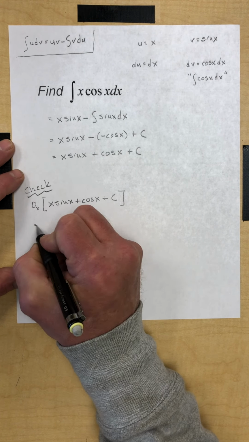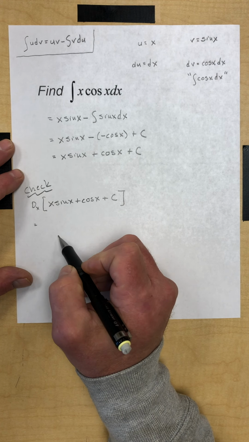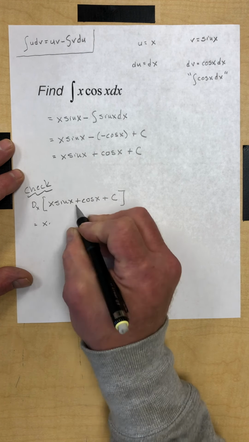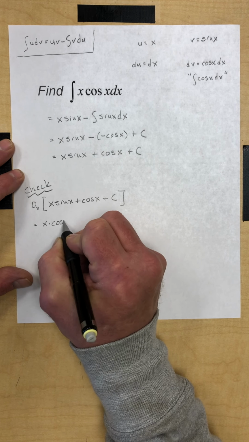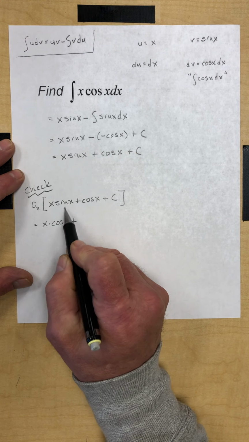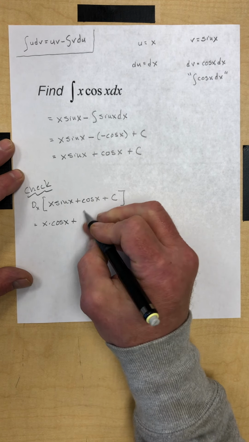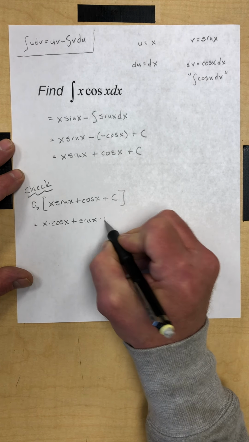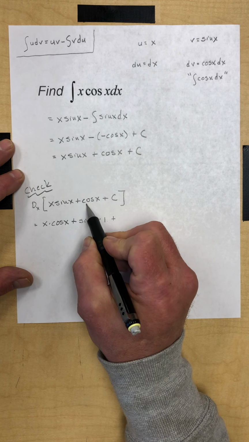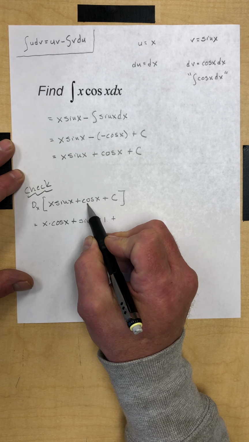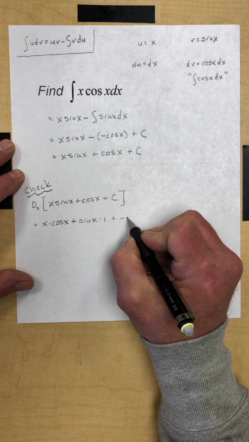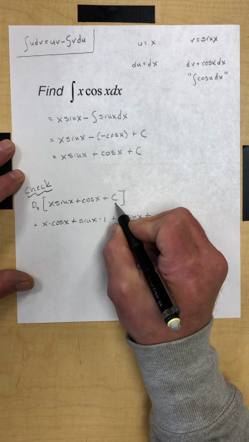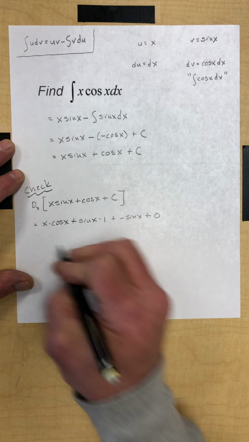And if it takes me back to this original integrand, I'm in good shape. Okay, so let's see. I got a product here, so I got to apply the product rule. The first times the derivative of the second, so it'd be x times cosine of x, plus the second times the derivative of the first, so that'd be sine of x times the derivative of x, which is just 1, plus the derivative of cosine of x, which is the opposite of the sine of x, plus the derivative of a constant, which is obviously 0.